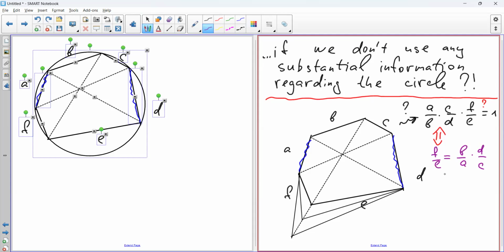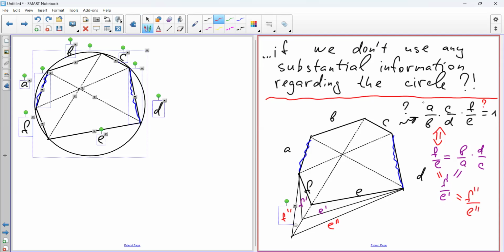But here we also have F prime over E prime if we denote this as F prime, E prime, and here we will have, say, F double prime, E double prime. Then F over E should be equal to F prime over E prime, should be equal to F double prime over E double prime.